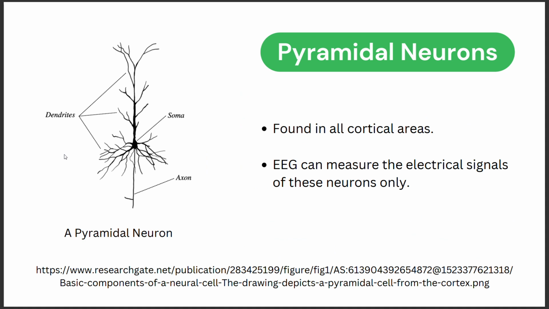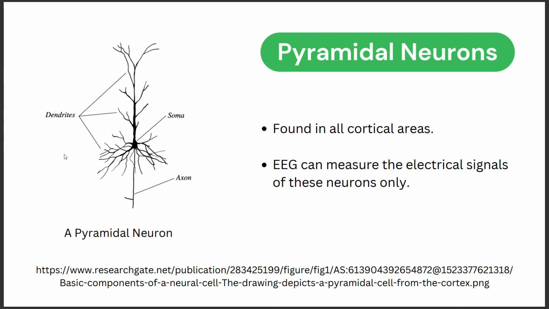Now, it is primarily the synchronized activity of pyramidal neurons in the cortical brain regions, which can be measured from the outside. These neurons are called pyramidal because their cell bodies are triangular or pyramidal in shape. They are oriented perpendicular to the cortical surface, and this unique orientation of cells generates a very stable electrical field.